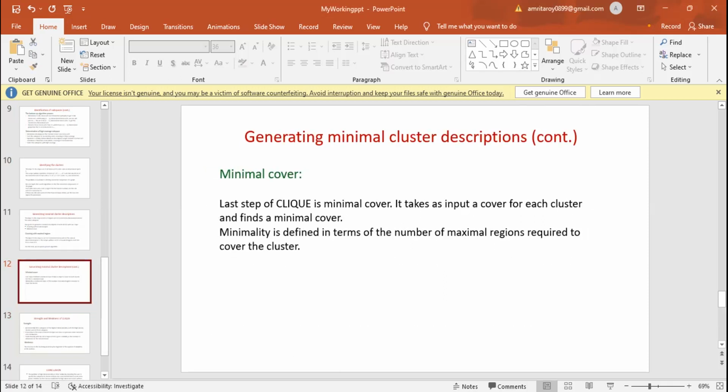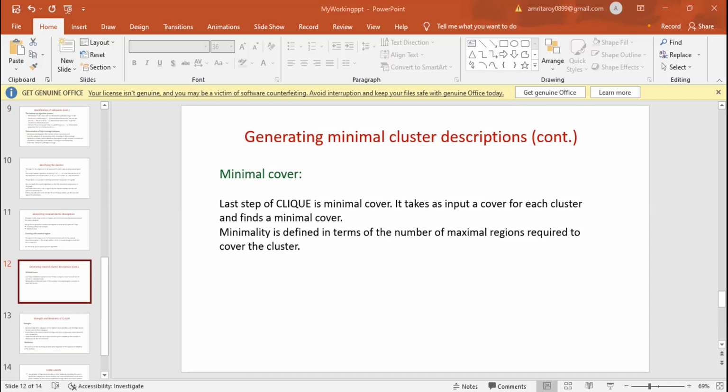So now what are the major steps of CLIQUE? It partitions each subspace, that is dimension 1, into the same number of equal-length intervals. Using these as a basis, it partitions the n-dimensional data space into non-overlapping rectangular units.